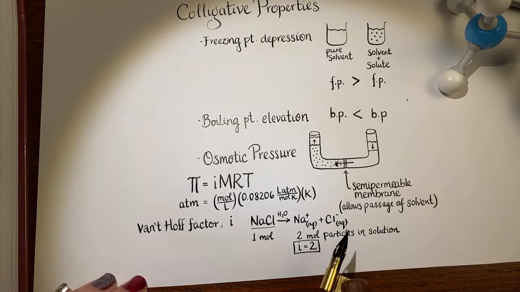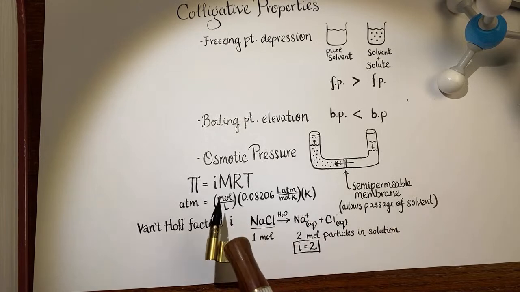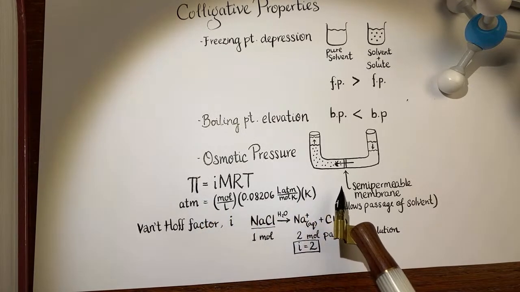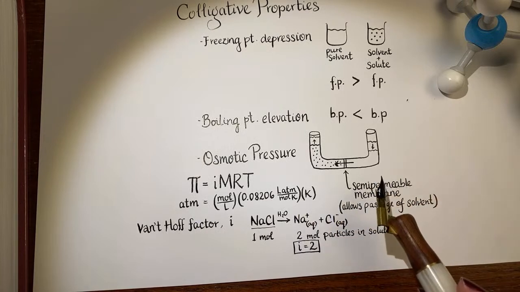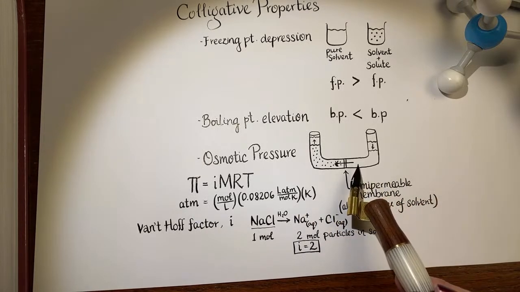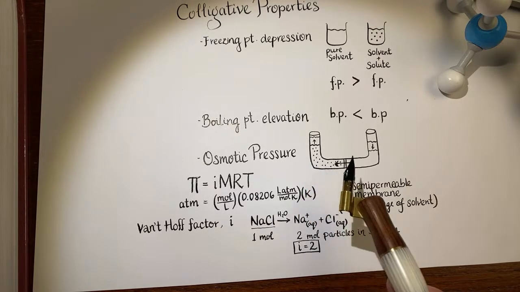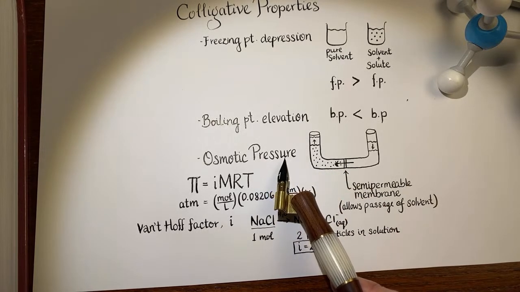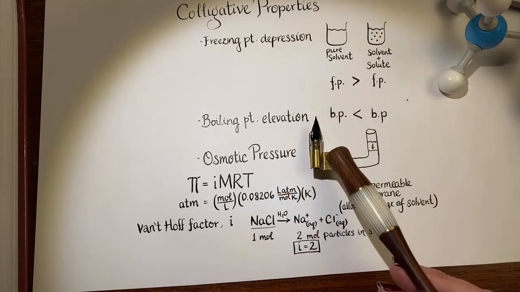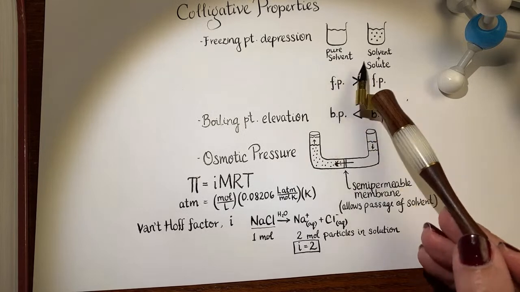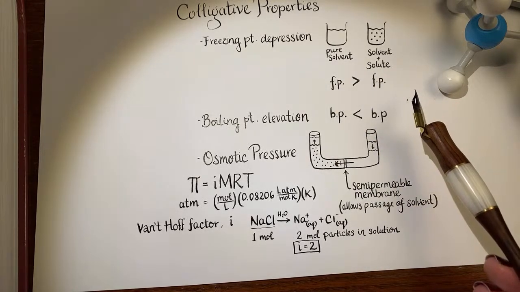Well, I hope that clarifies why you need to have a 2 in there, and also gives you some idea of why the number of particles in solution affects osmotic pressure, why it affects boiling point elevation, as well as the freezing point depression.